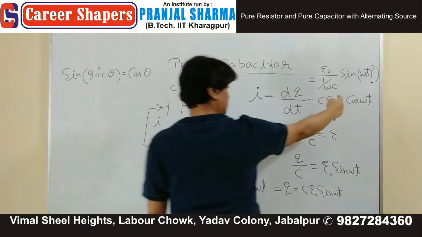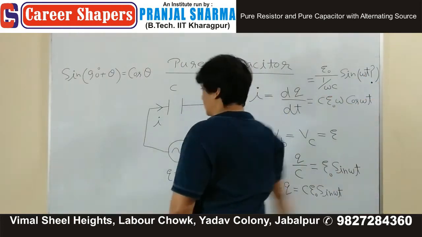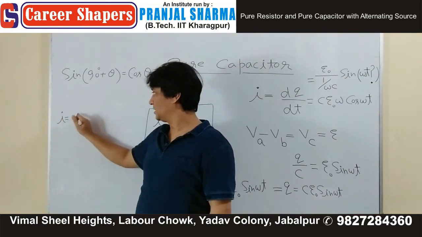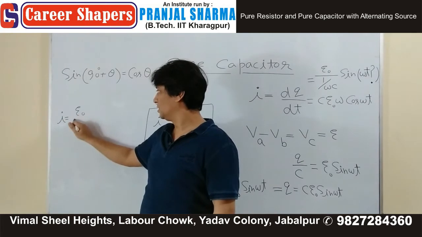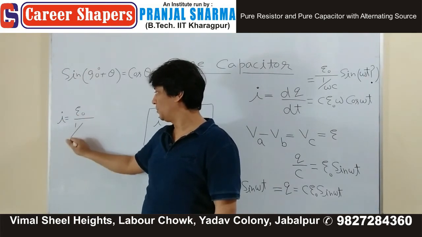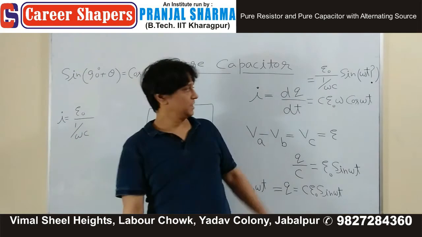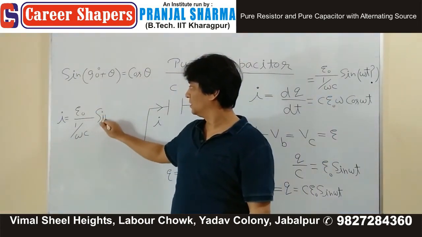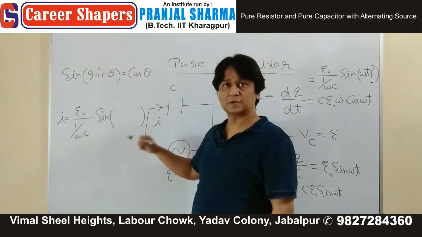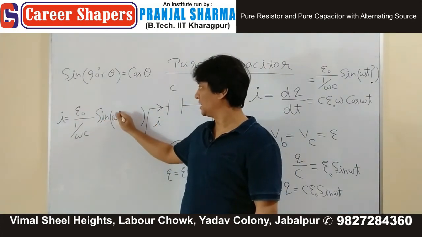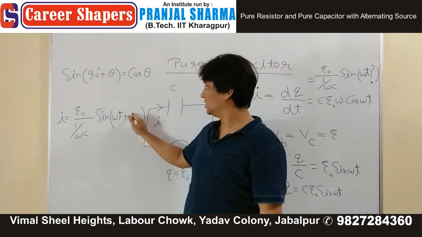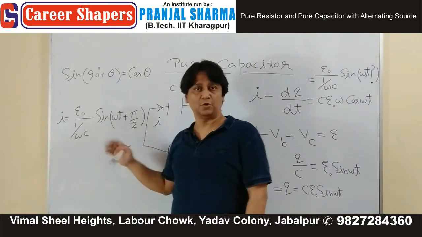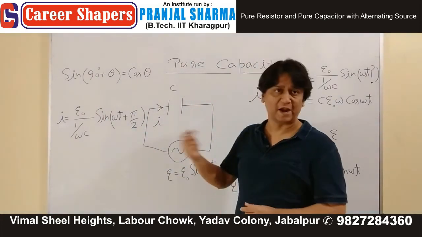So, this part is I equals E naught divided by 1 upon omega c sine of, if I write omega t plus pi by 2. What is 90? Pi by 2. Better way is to write pi by 2 in terms of radian.